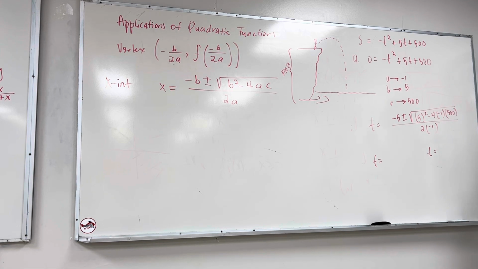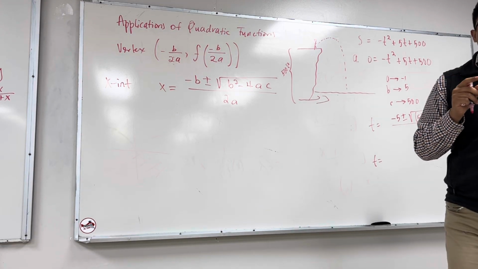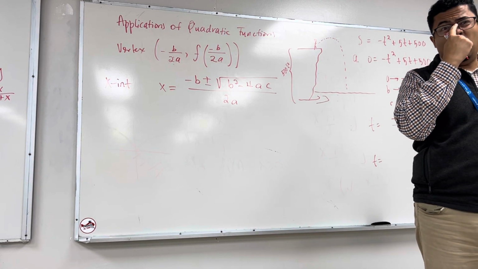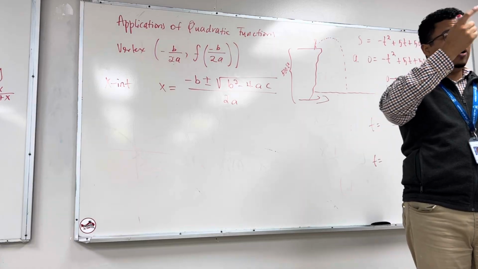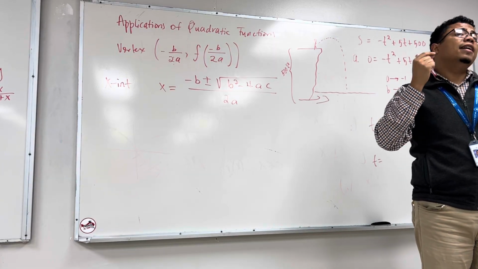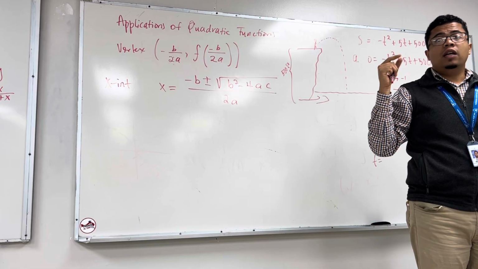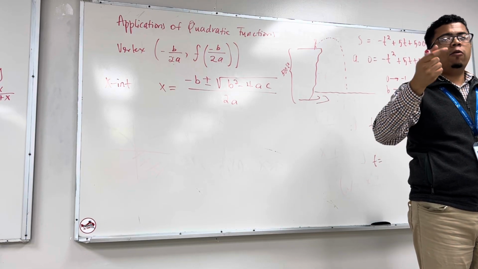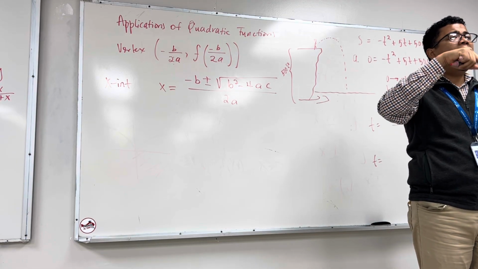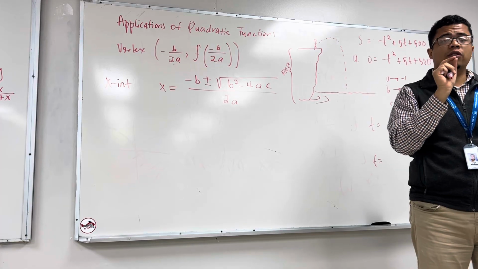Now I want to be fair to you guys and mention something important because you might know this from your friends upperclassmen. There is a way that the calculator can get you both values of x given the standard form of the quadratic function. You can just go to apps 9, 1 and it gives you the values.